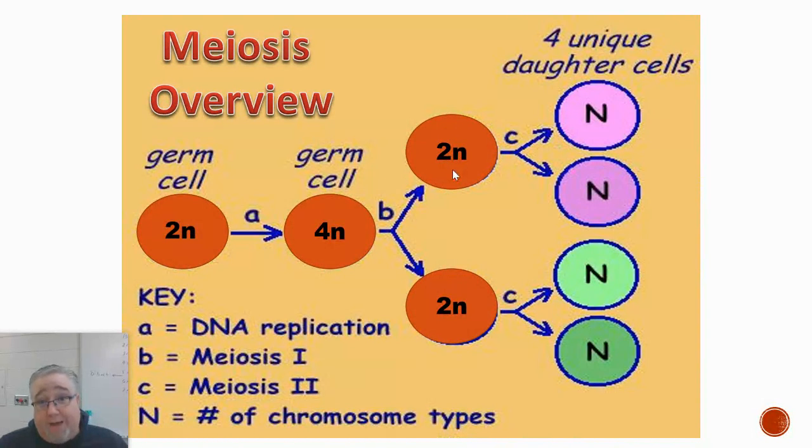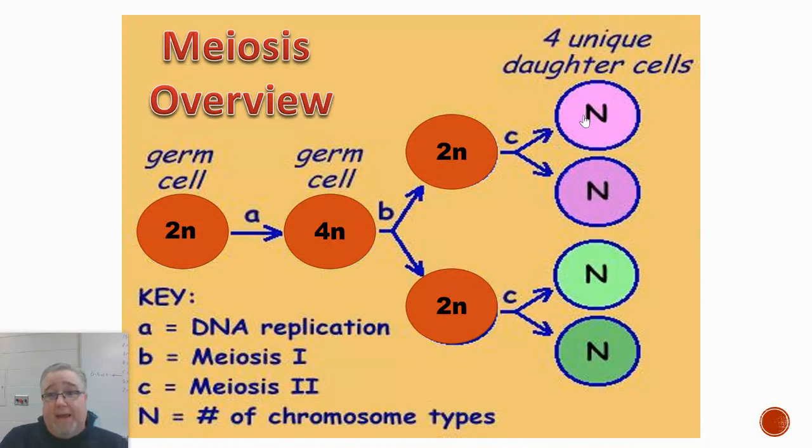In this cell, you've got 2 number 1s, 2 number 2s, 2 number 3s. One of each pair goes to this cell, and one of each pair goes to this cell. So in this daughter cell, you have 1 number 1, 1 number 2, 1 number 3, etc. In this daughter cell, you have the same thing, and the same thing happens down here.